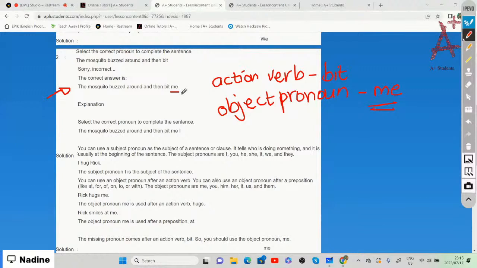Me is the object pronoun and it comes after the action verb bit.